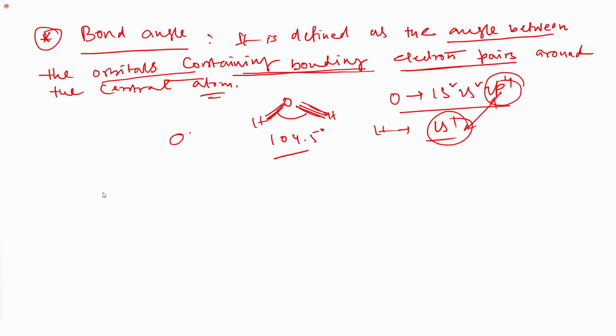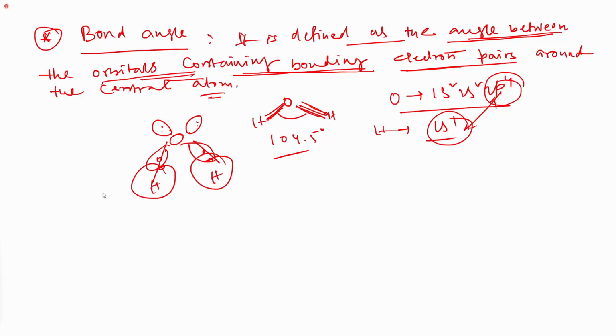If I draw, this is the lone pair and this is the 2p orbital, this is the 1s and this is the 1s. So these orbitals have the 2 bonded electrons. This is one orbital and this is the other orbital. Between these two orbitals, whatever angle is there, that is called the bond angle.